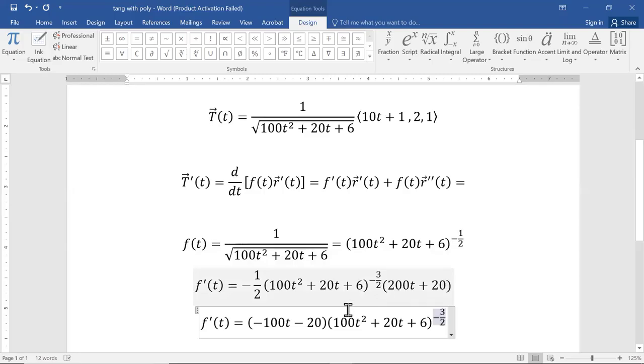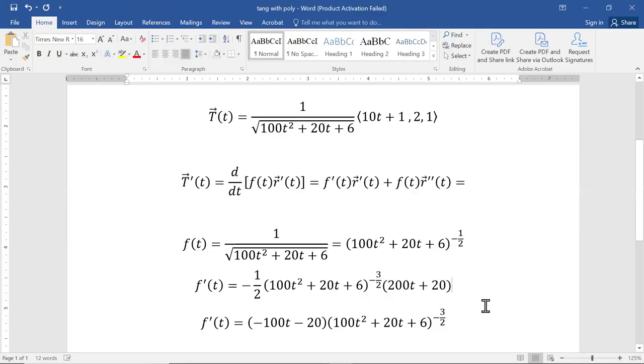And so that's how I'm going to use it. Hopefully that makes sense. Again, I have to use the chain rule. Take the coefficient out front, lower the exponent by 1, and then multiply times the derivative of the inside function.